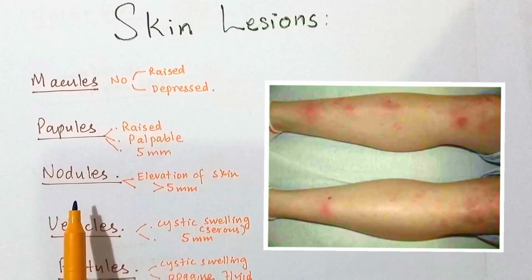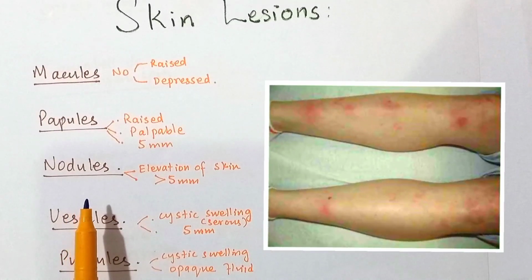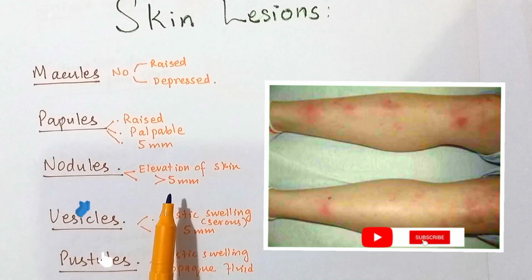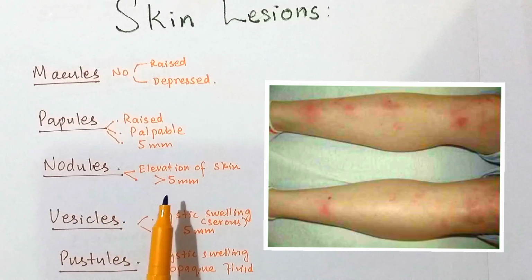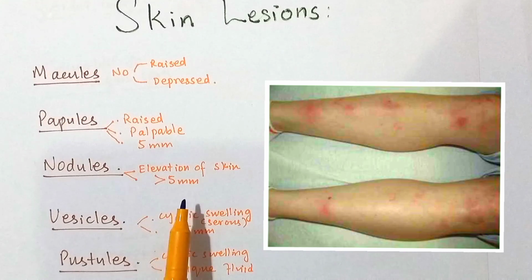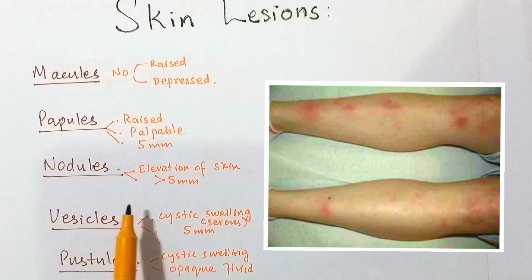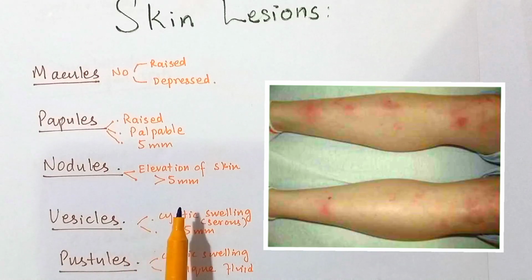Third one is the nodules. Nodules are similar to the papules, but they have a diameter of more than 5 mm. So in simple words, these are the elevations of the skin that have a diameter of more than 5 mm.